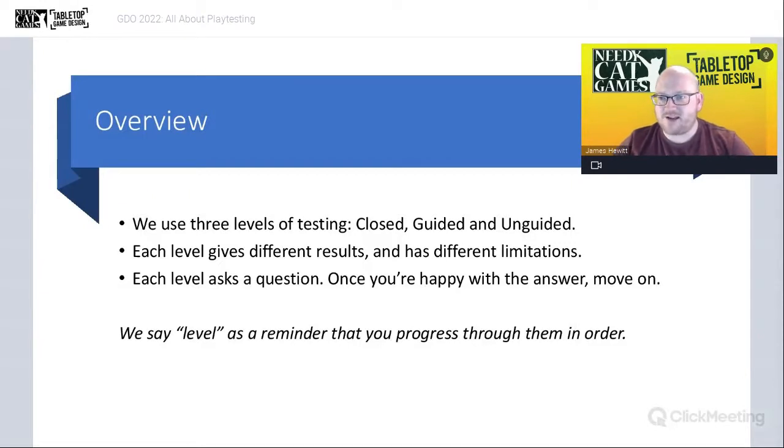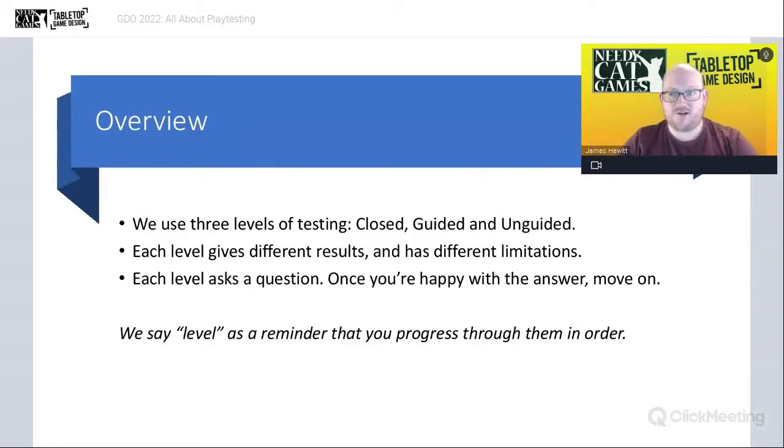We got rid of blind testing because there's been a shift in the industry away from using that term, because it has some connotations that are not helpful. And also solo implied that you have to do it by yourself, but you don't. So the 3 stages are closed testing, guided testing, and unguided testing.